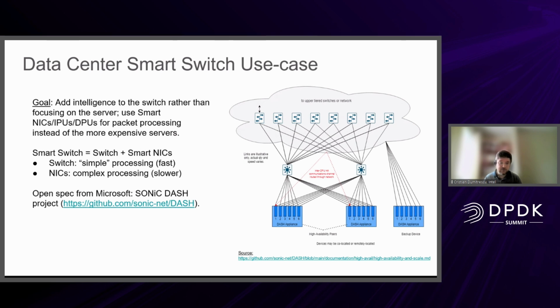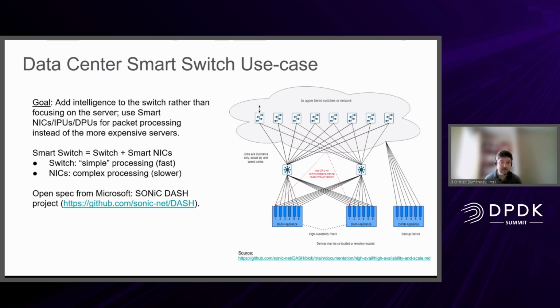Although it's not going to work at the same speed as a switch, it does the job because not all the traffic needs to go through this complex processing path. It's usually just a subset of the input traffic, and most of the traffic usually goes through the switch without going through these smart NIC devices.